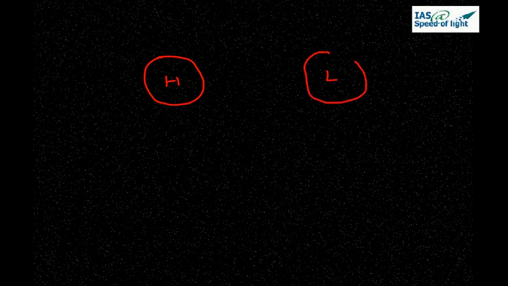Now let us see it from a different angle. Here we have a high pressure cell and here we have a low pressure cell, and we put an isobar around high pressure and an isobar around low pressure, and we put certain stations here. So now wind would travel at 45 degrees from the isobar.